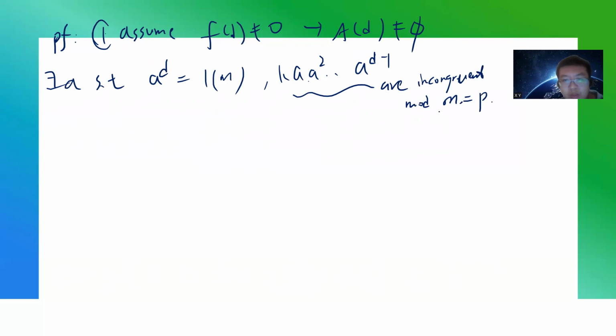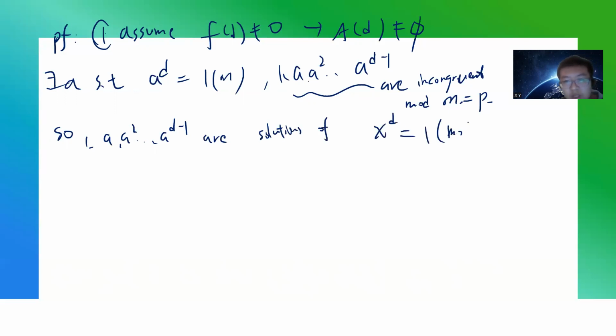By the way, m should be p here. Okay, so 1, a, a squared, up to a to the d minus 1 are solutions of x to the d equals 1 mod p. It's trivial; you can prove this.